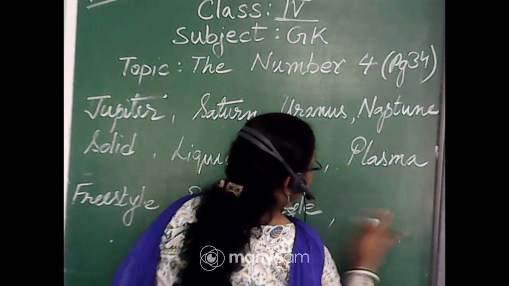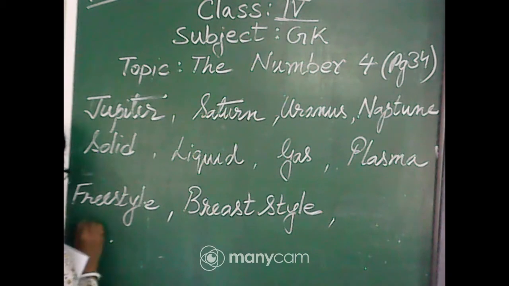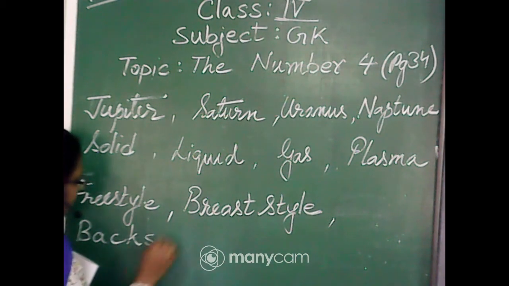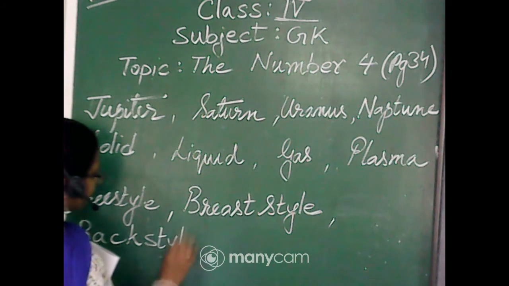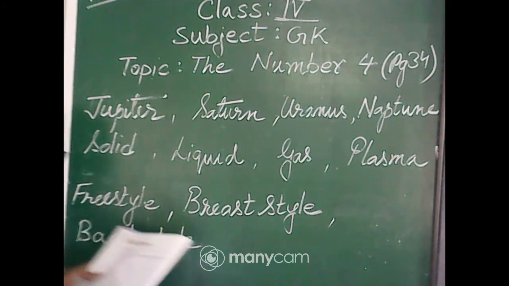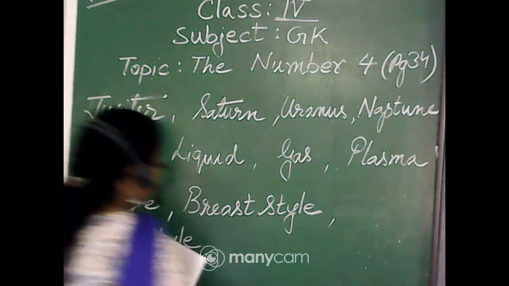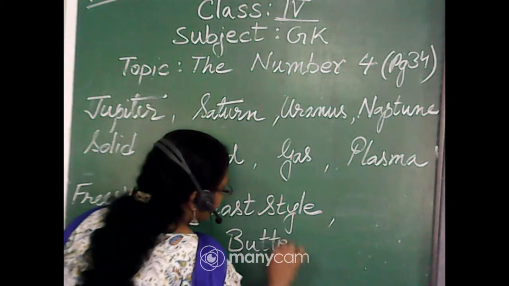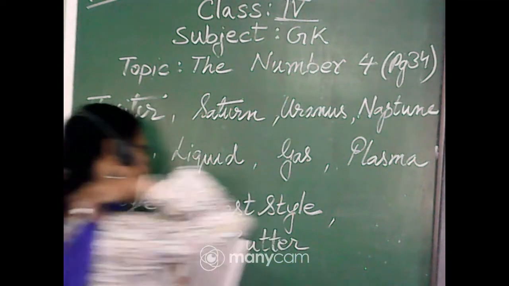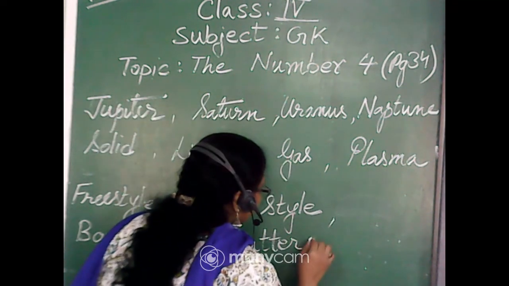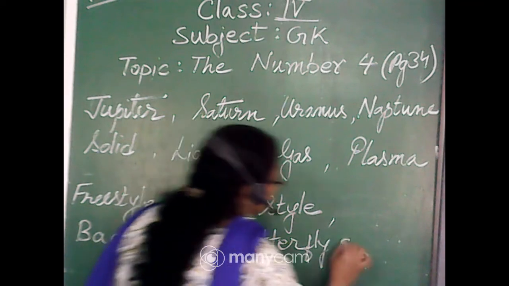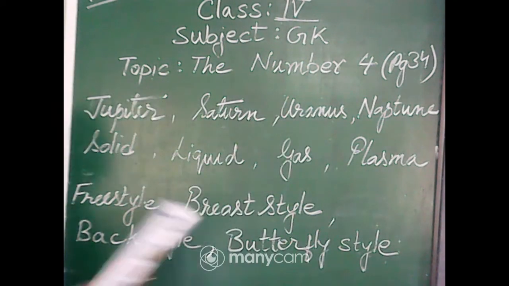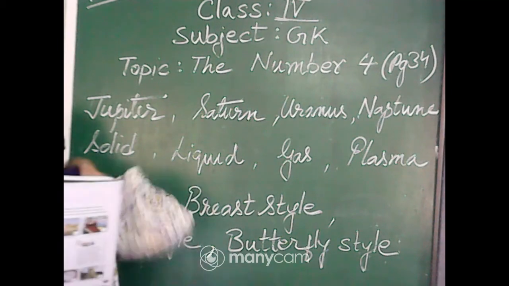I am writing 2 more just below this one. This is the third one, backstroke, and the next one is butterfly. You can even write strokes, okay? Butterfly style. So these are the 4 types of strokes or styles of swimming.